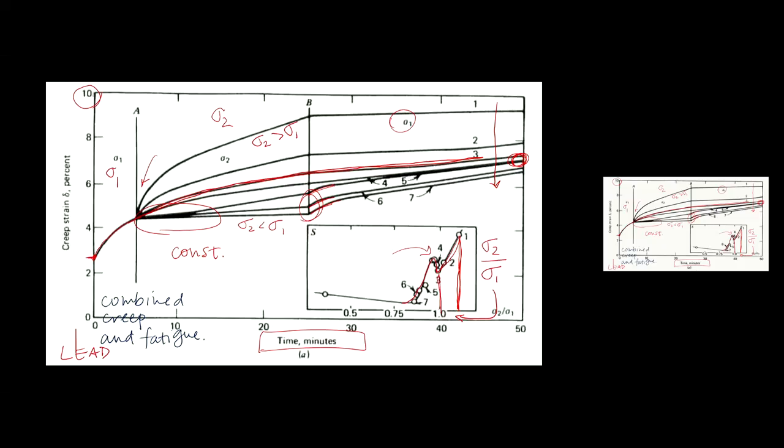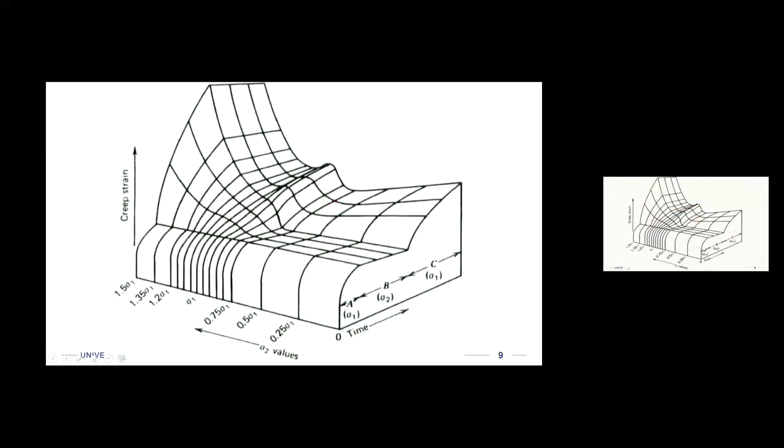If you want to view this in some kind of a cool 3D way, the book gives us this 3D plot. Generally, I don't agree with 3D plots unless they're absolutely necessary. But time goes this way, and the ratio of the second stress to the first stress is on this other axis here.